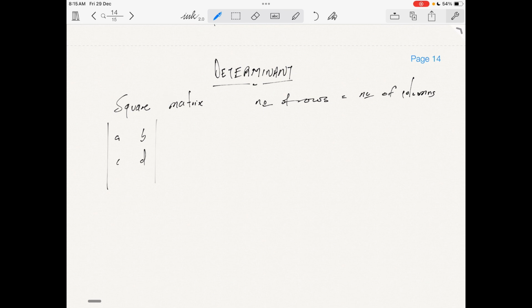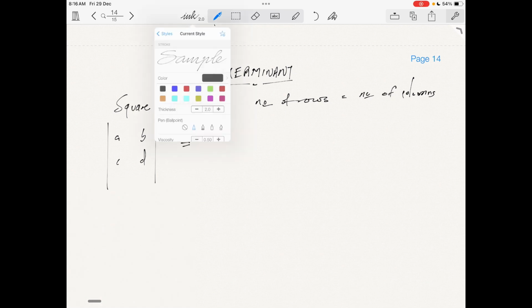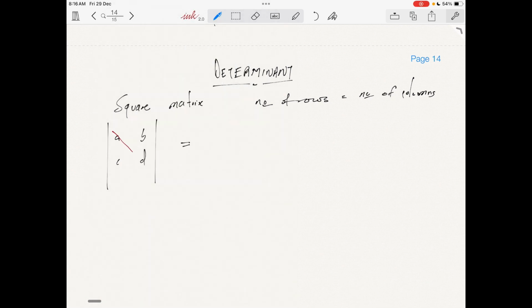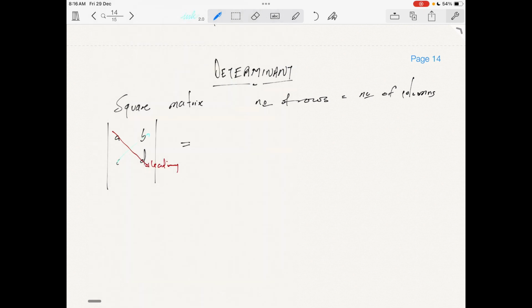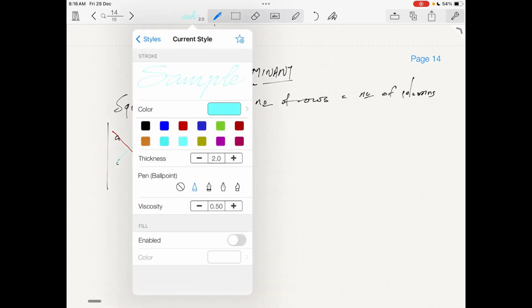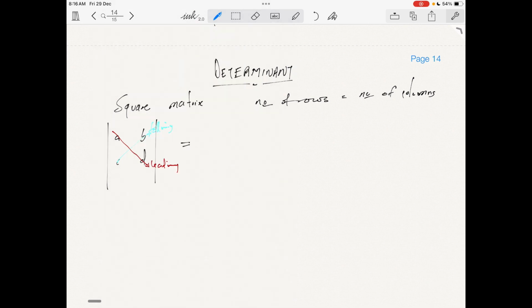So when we are given this, the determinant will be the leading diagonal subtracted from the following diagonal. So in that case, it will be AD minus BC.